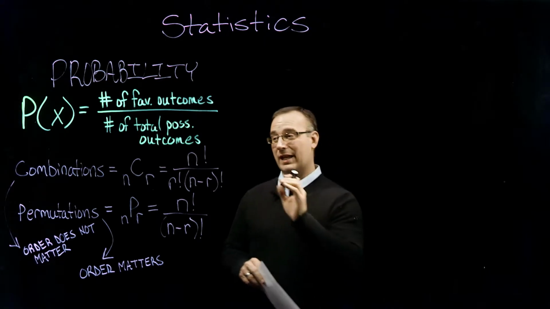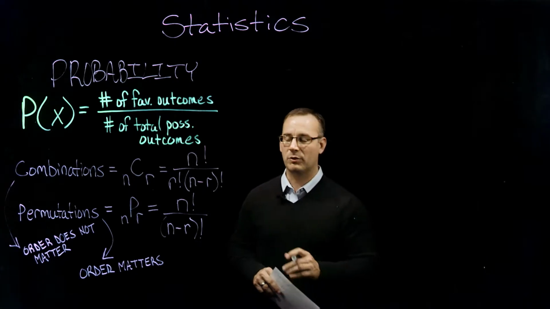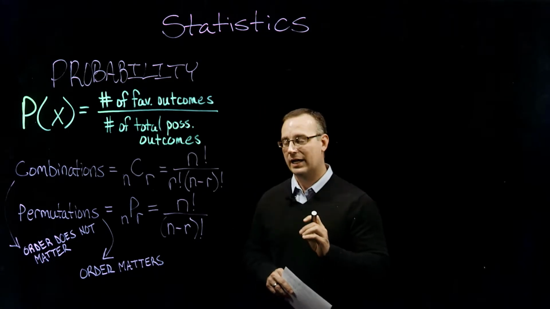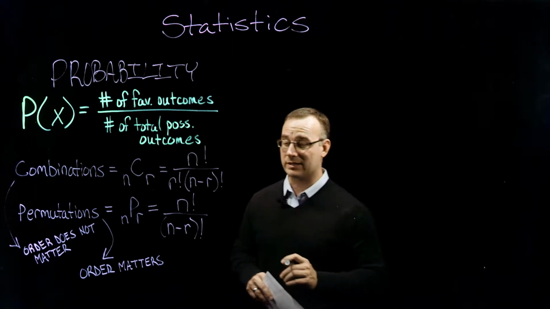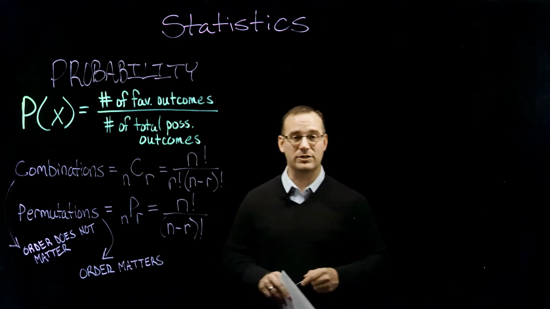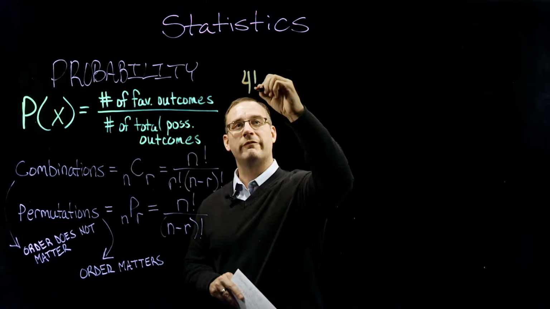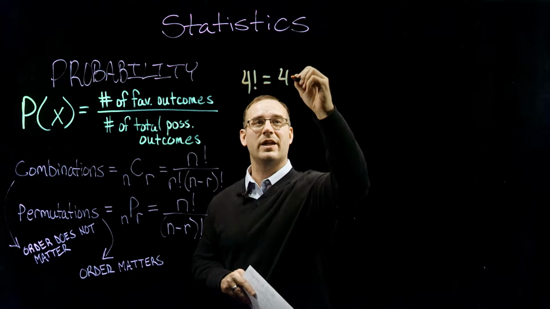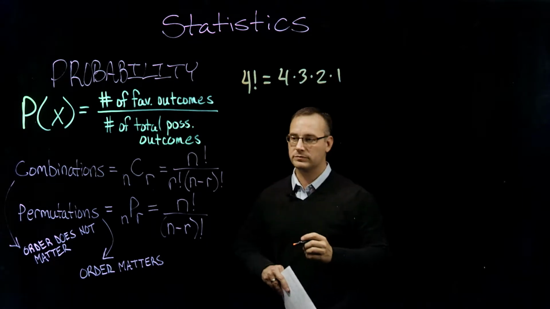If we wanted to calculate that with combinations, we'll use this nCr formula to recalculate the probability of drawing pocket aces. The formula is n factorial over r factorial times n minus r factorial, and remember, 4 factorial is the same thing as 4 times 3 times 2 times 1.